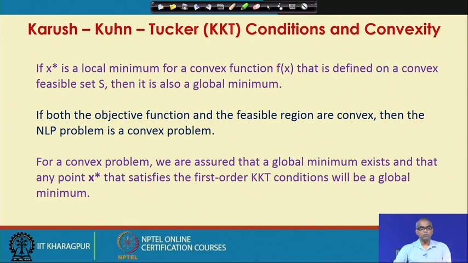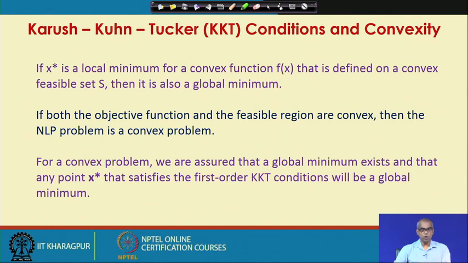Now, let us talk about KKT conditions and convex problems. If x star is the local minimum for a convex function f(x) that is defined on a convex feasible set S, then it is also a global minimum. If both the objective function and the feasible region are convex, then the NLP problem is a convex problem.